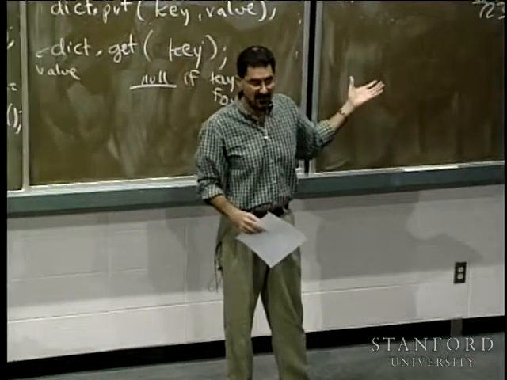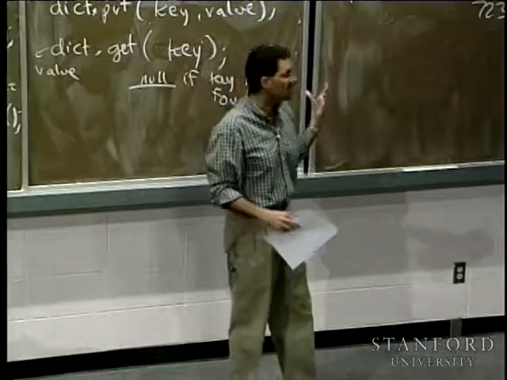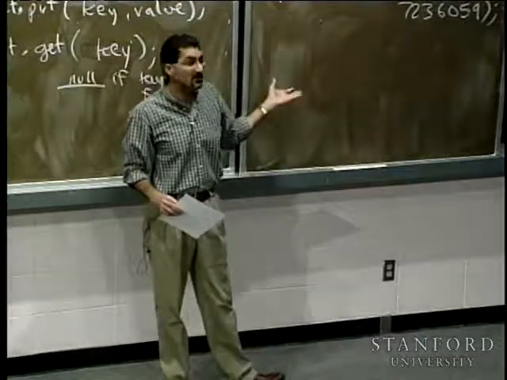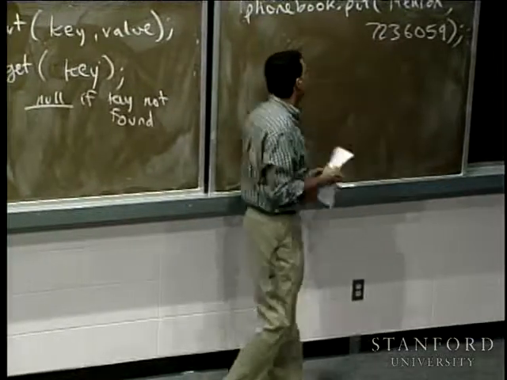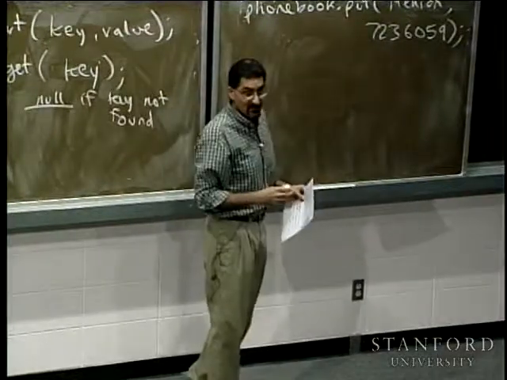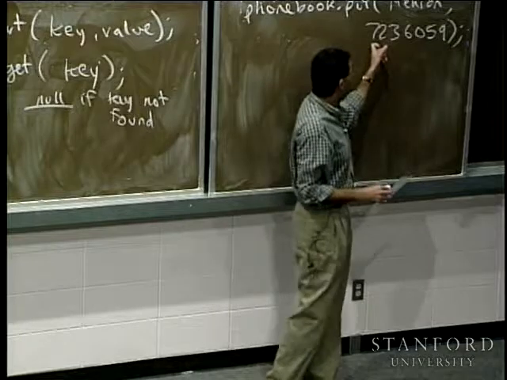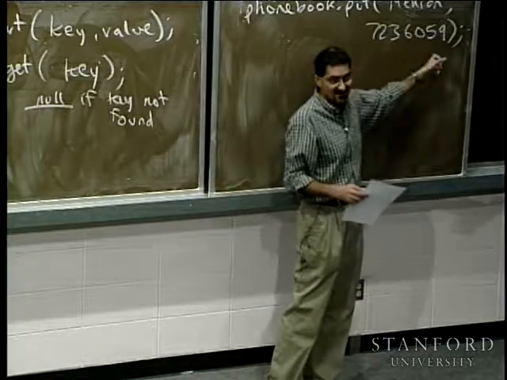This autoboxing makes it a little more seamless to use with an int. But in an older version than Java 5.0, it would give you an error because it didn't do the boxing for you. Notice there's no dash in there, because then my phone number would be some negative number, 723 minus 6059.